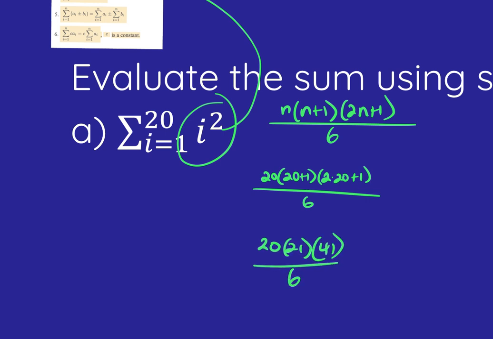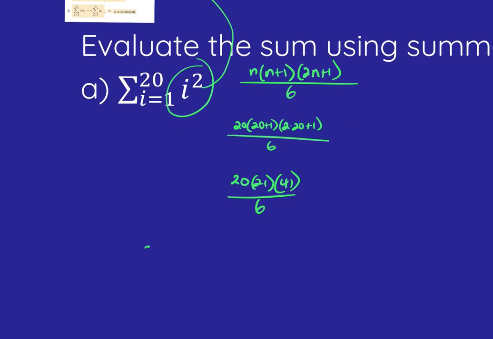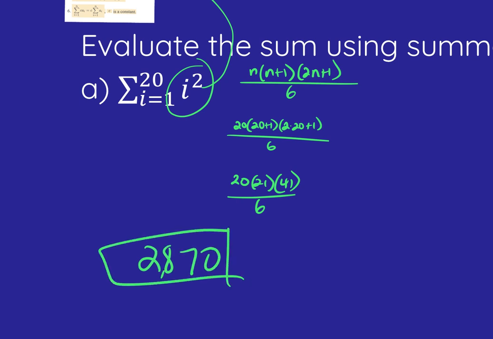You get 2,870, which is obviously faster than plugging in 1 and squaring it, then 2, then 3, then 4, all the way up to 20, and adding all those numbers together.